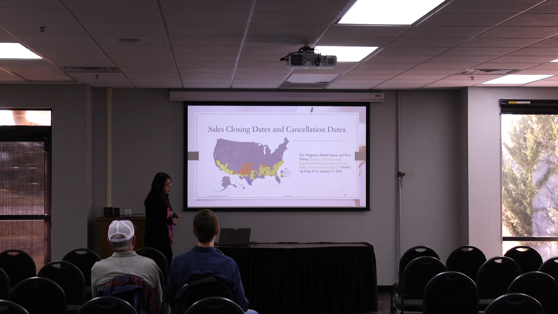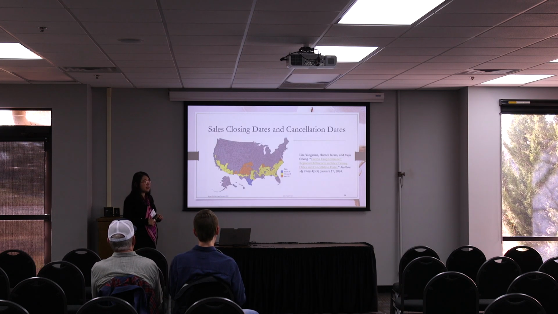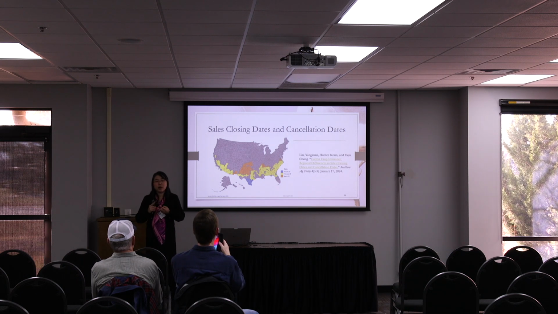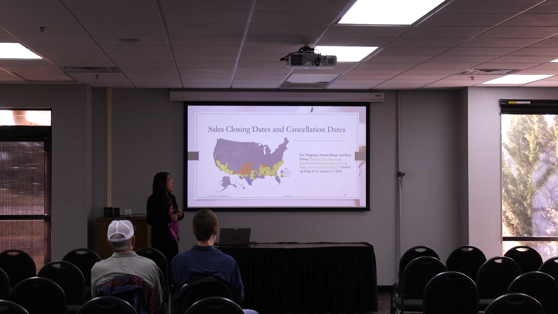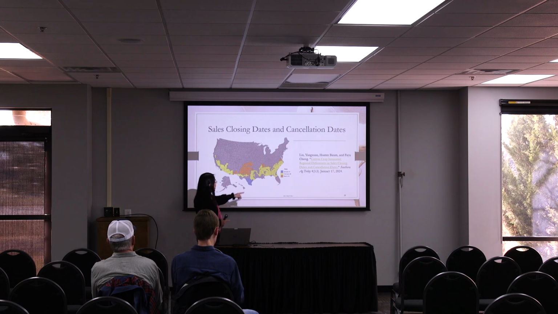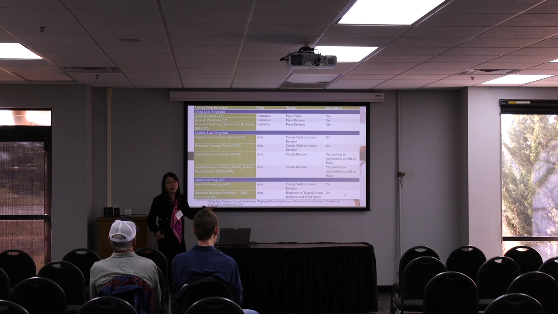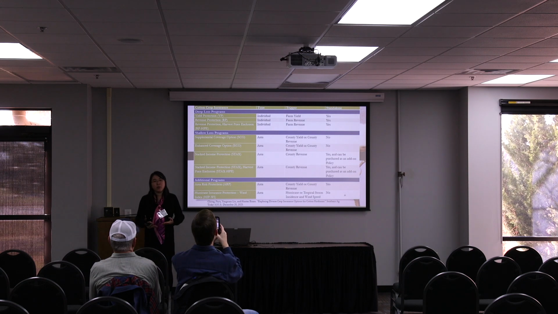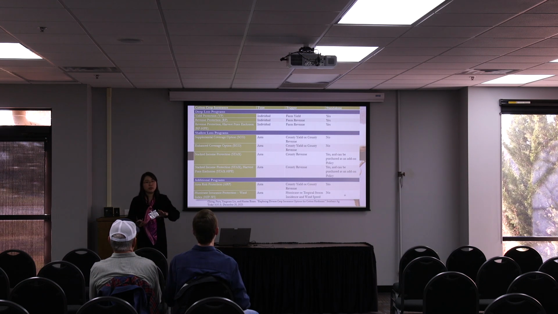Here is some information about crop insurance sales closing date and cancellation date. If you want to purchase crop insurance or cancel the current crop insurance, the deadline in Georgia is February 28th. And all the crop insurance available for cotton is summarized in this table, including deep loss programs. That means if there's a complete loss for the farm with zero yield, all those losses will be covered.